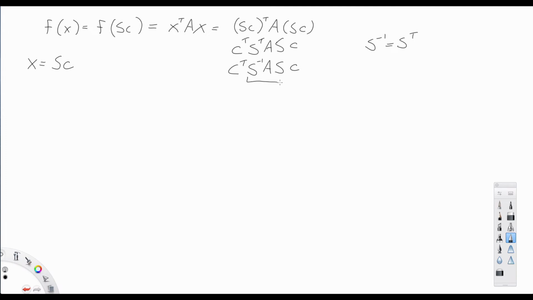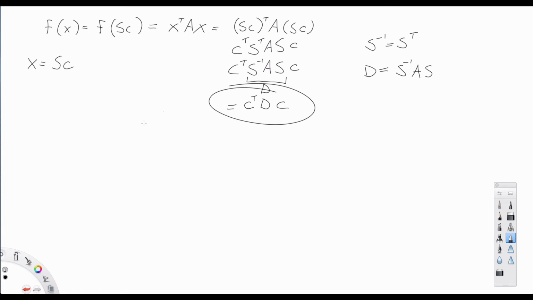Now there are some interesting things here. We're going back to the definition we derived earlier regarding diagonalization of a matrix A. Remember, this diagonal matrix, composed of the eigenvalues on the diagonal and everything else 0, is equal to the inverse of S times A times S. So therefore, this middle part of the expression is equal to D, or in other words, the quadratic form in the new coordinate system is equal to c transpose times D times c.